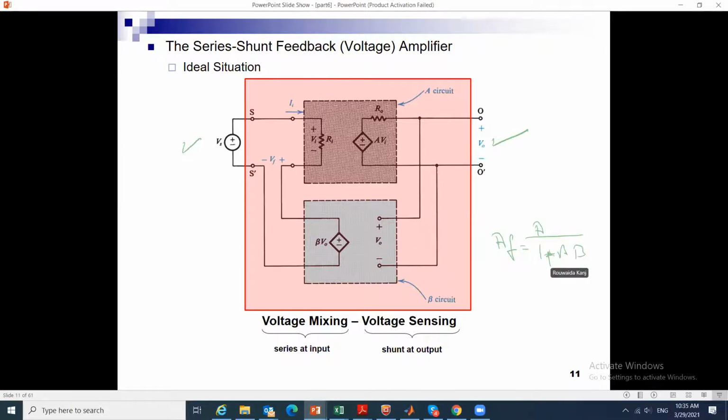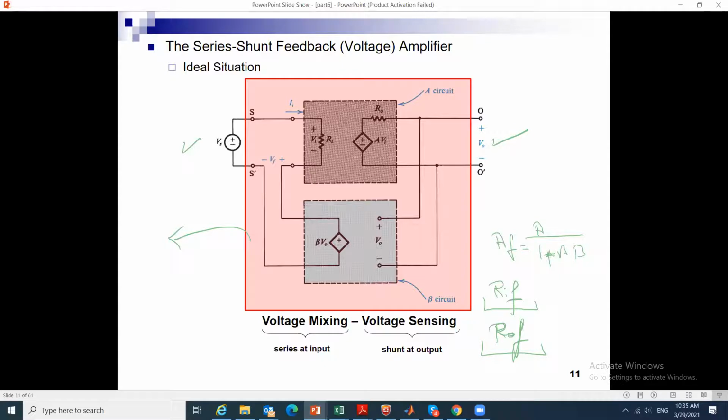We will also try to find, for this big amplifier, the input resistance, which we will call RIF, and the output resistance, which we will call ROF. So we are starting to build recipes that we will use. Why is RIF important for me? Because it is the load for a previous stage, a regular stage that has no feedback.